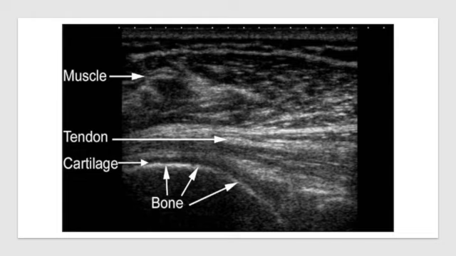So start to look at these images, start to place and lay down those terms on these images, okay? Because the better you understand how each of these images look on ultrasound, the better off we're going to be. This is much different imaging, as you can see, than what we see in MRI or plain film radiograph or even a CT scan.